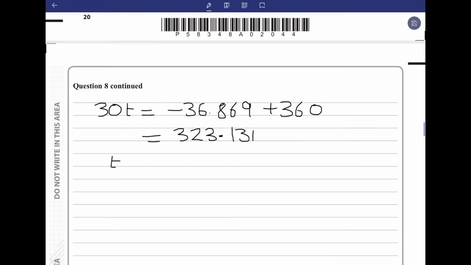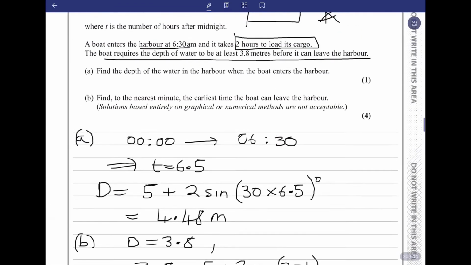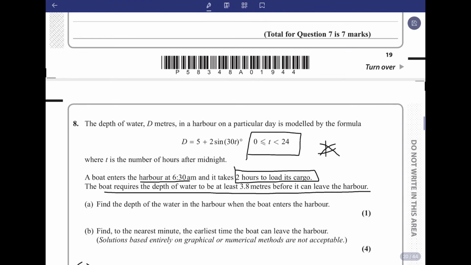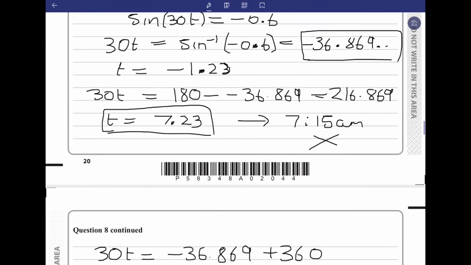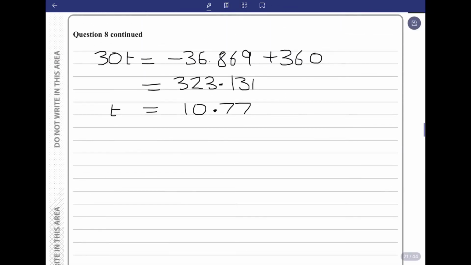Now divide this by 30 and we will get 10.77. So we're thinking, okay, great, this is within range and the boat will have loaded its cargo by then, but this is not the final answer yet.